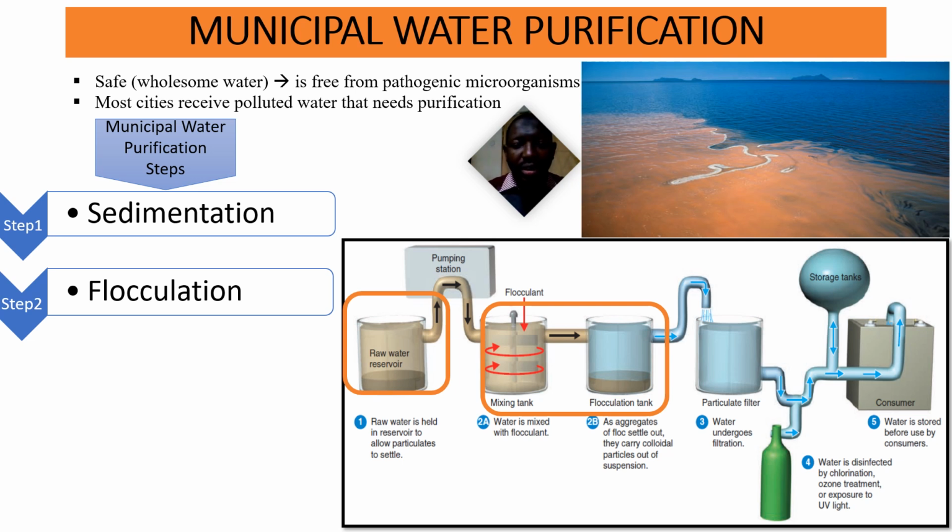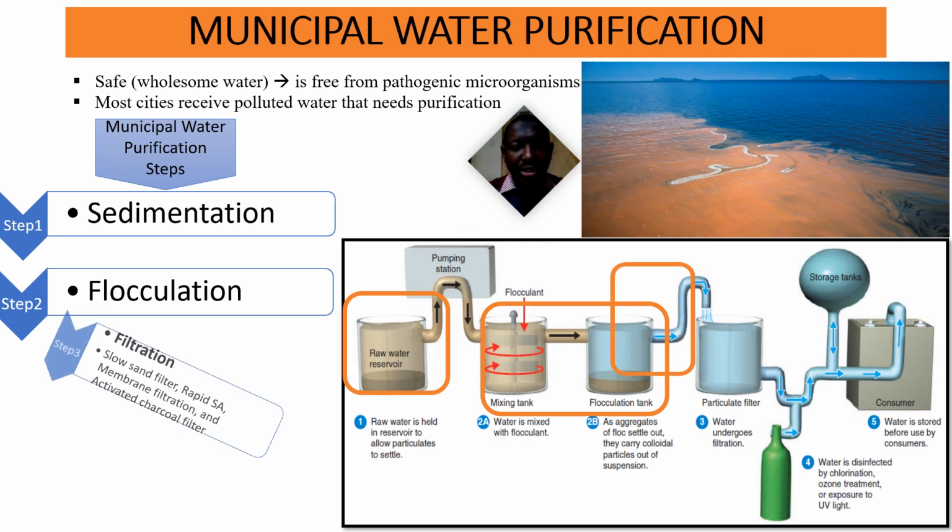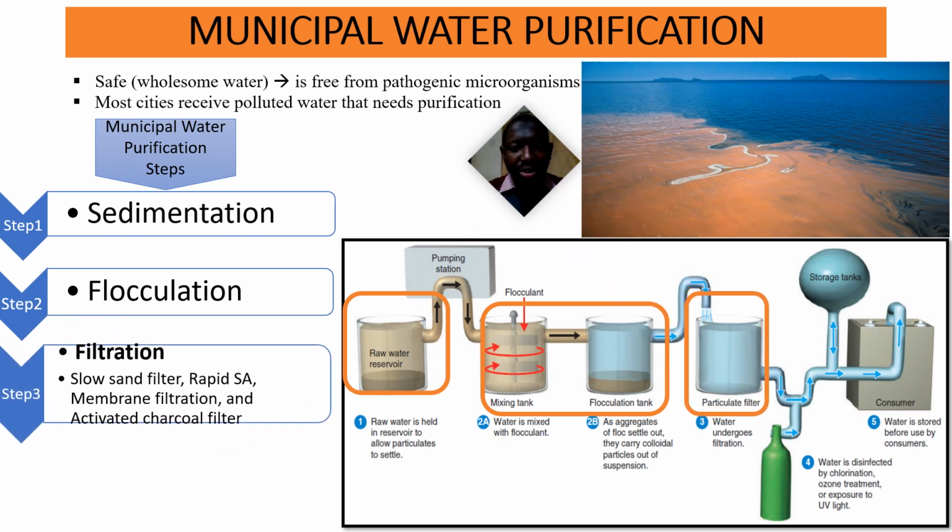Now, the next step in the water purification is the filtration stage. In this stage, generally there is removal of microorganisms and some of the colloids that were not removed during the flocculation process.